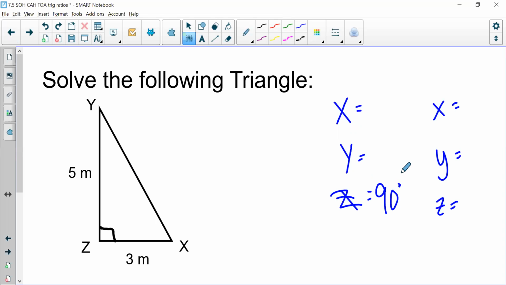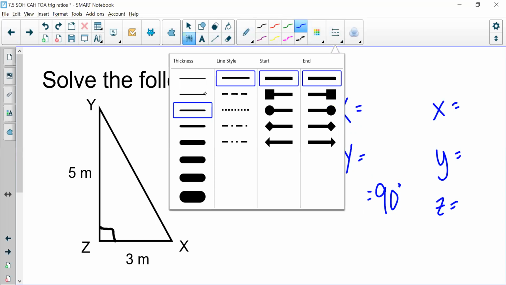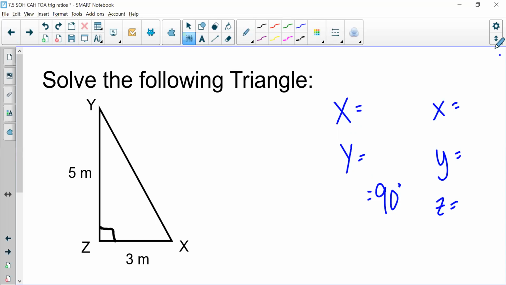What is 5 and what is 3? Where am I filling in the 5 and the 3 in my chart? Three is side Y because it's across from angle Y, and 5 is X.